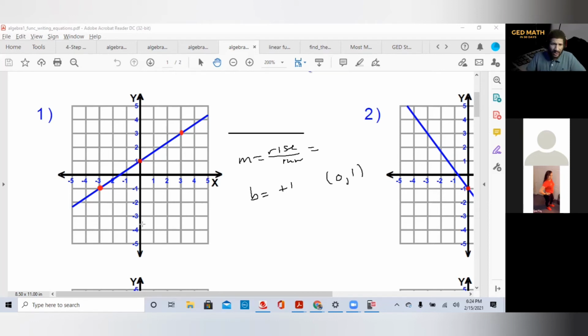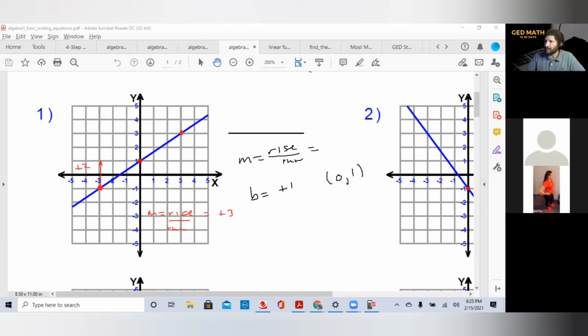Watch this. If I use this first point, I always pick the leftmost point out of my 2 points. In order to get from this point to this point, I have to go up 1, 2. So my rise is +2. Rise over run. And again, I would recommend you continue to write down your formulas until you can commit them to memory. +2, I mean.